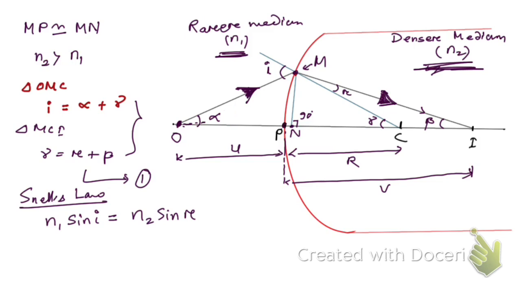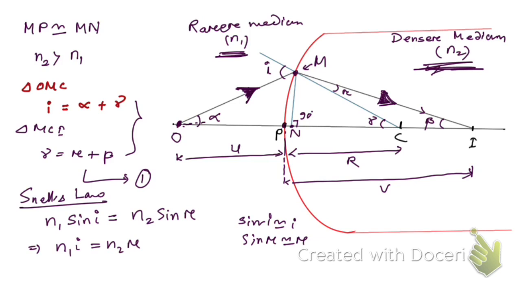In that case sine I is approximately equal to I and sine R is approximately equal to R, so the relation will be n1 I equals n2 R.